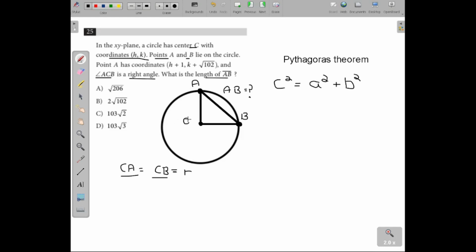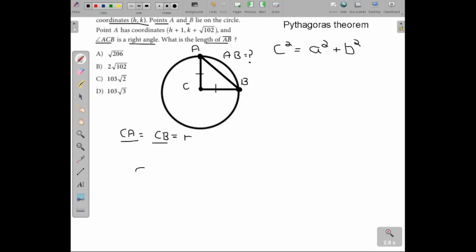And how can we find the value of the segment, CA or CB? Since we have the coordinates, we can find the distance between them.